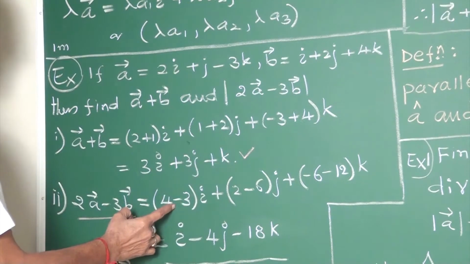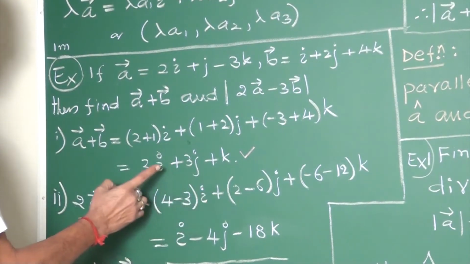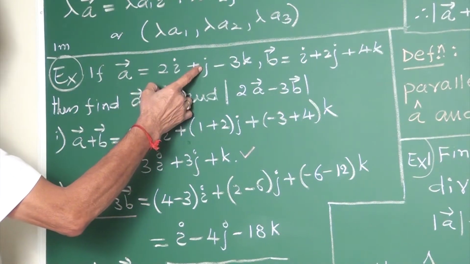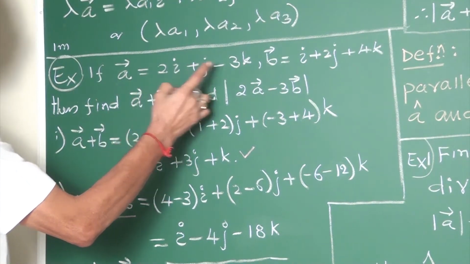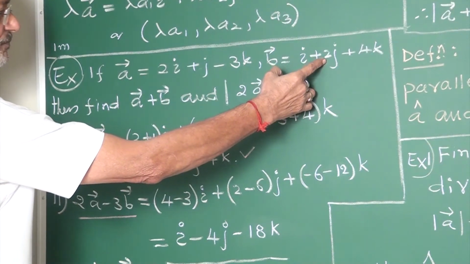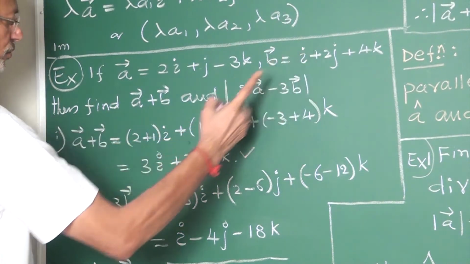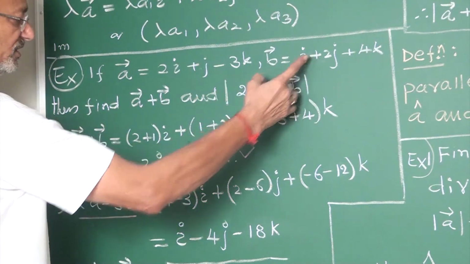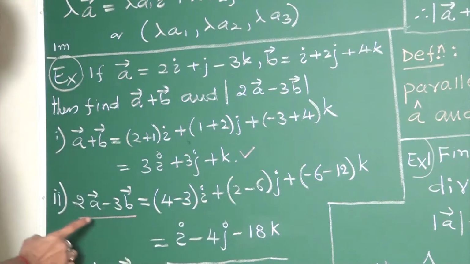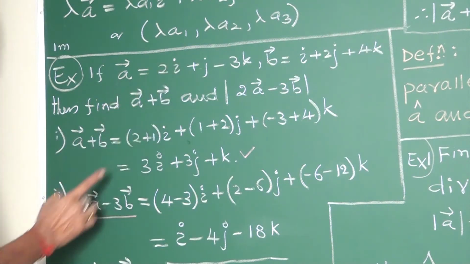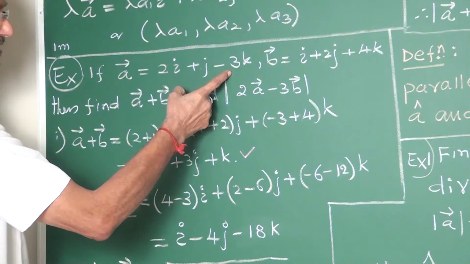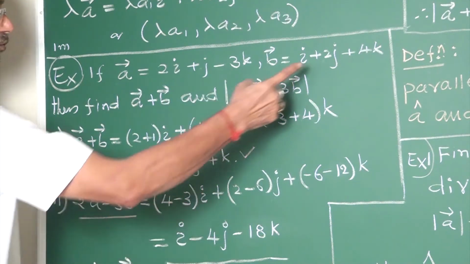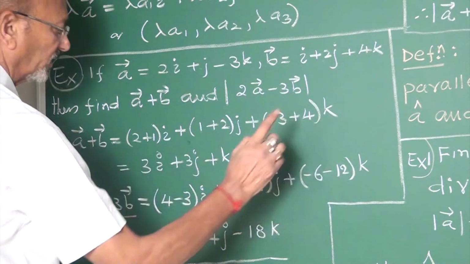Minus 3 into 1 is minus 3 into i. Plus 2 into j, 2 into 1 is 2. Minus 3 into plus 2 is minus 6 into j. Third with k, 2 into minus 3 is minus 6. Minus 3 into plus 4 is minus 12 into k.